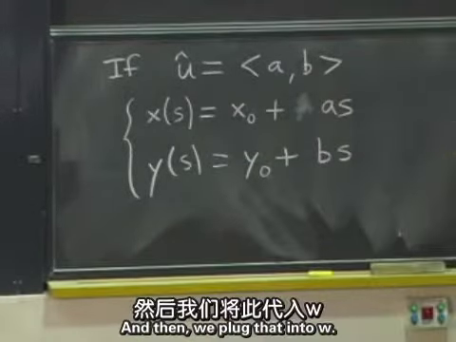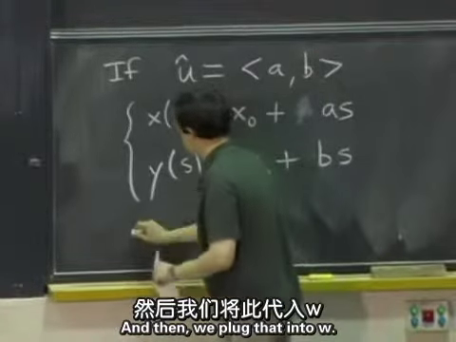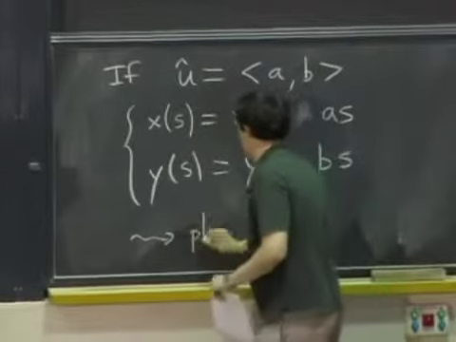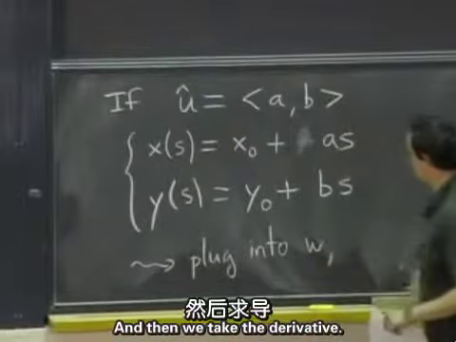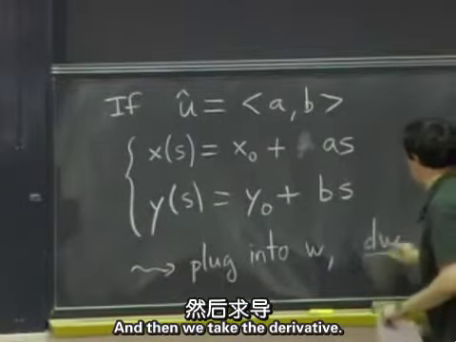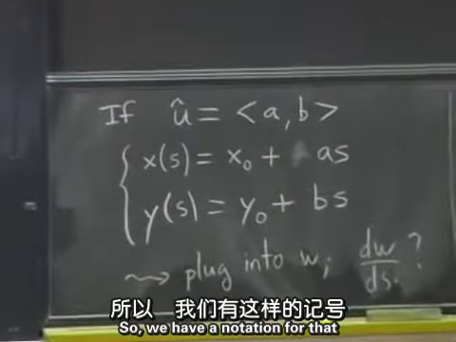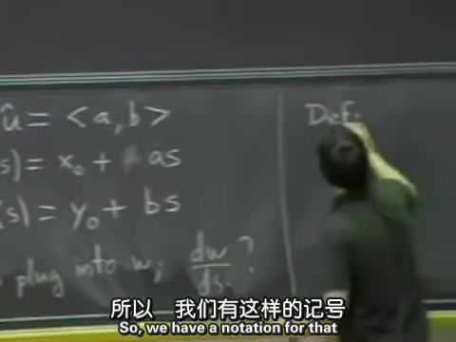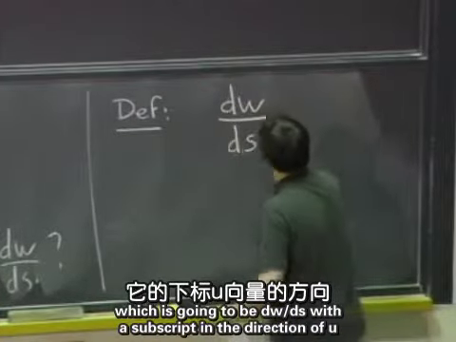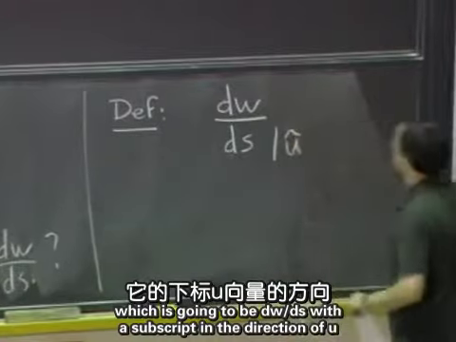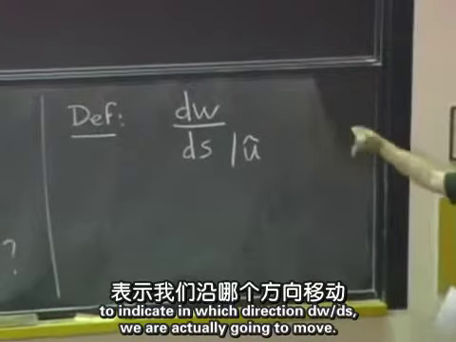And then we plug that into w, and then we take the derivative. So we have a notation for that, which is going to be dw ds with a subscript u, in the direction of u, to indicate in which direction we're actually going to move.